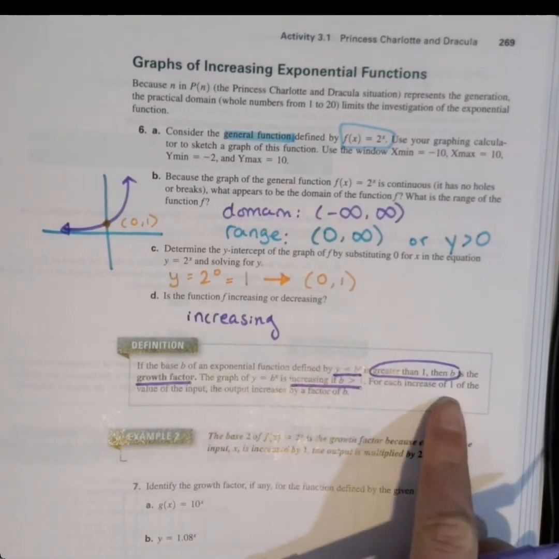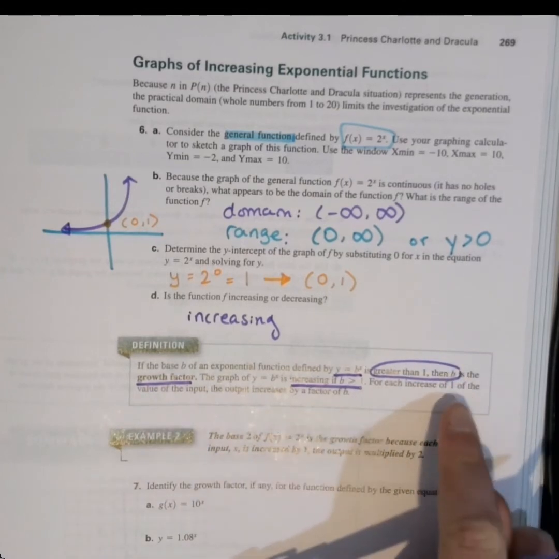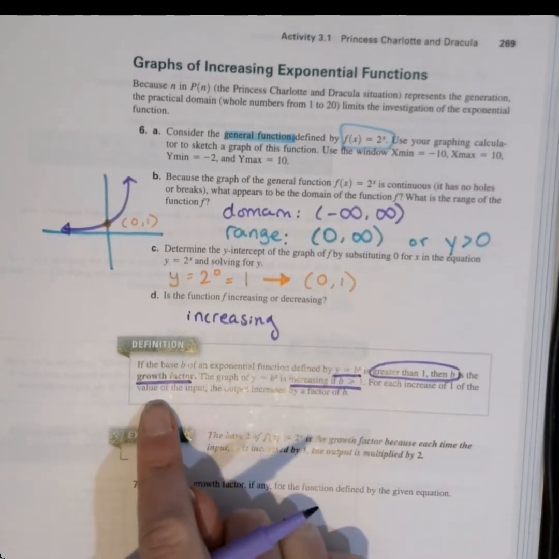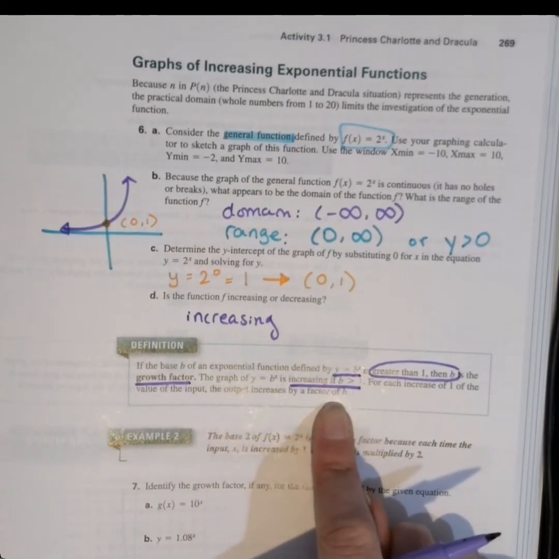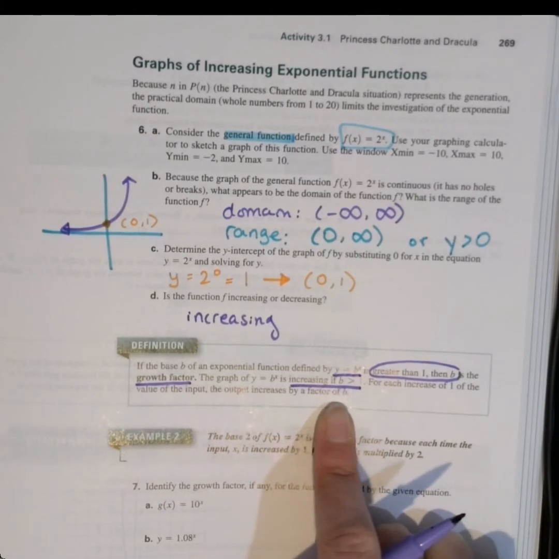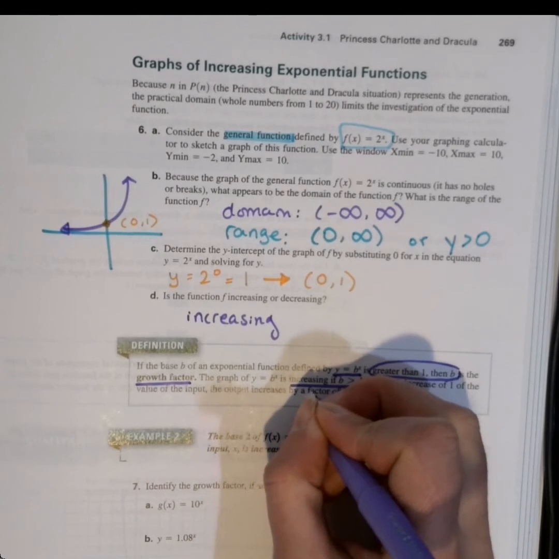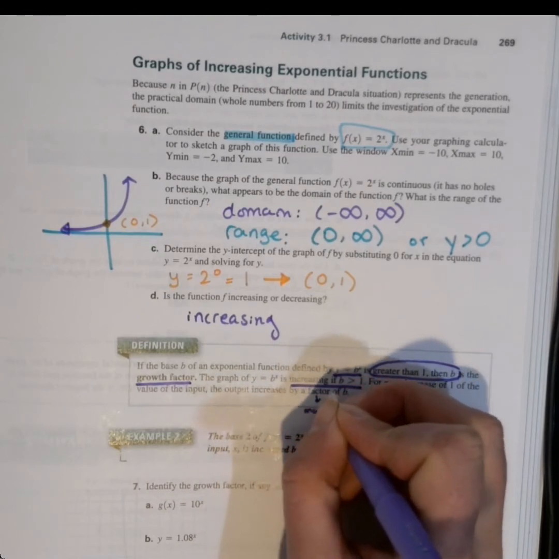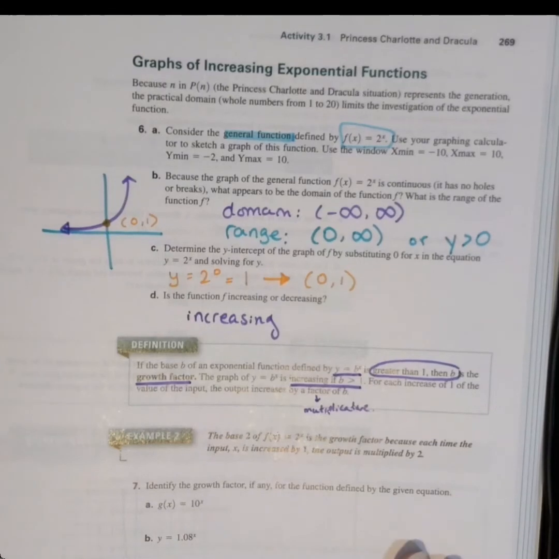And for each increase of 1 in x, the output increases by a multiplicative factor of b. So if the base was 2, it gets 2 times as large. That's what the factor means. Factor means a multiplicative factor.